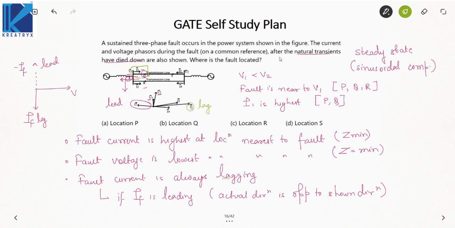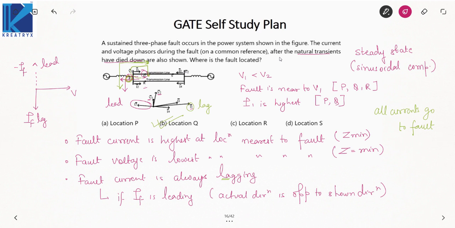Fault current is always lagging, which means I1 is going towards the right. If I1 is going towards the right, that means the answer would be Q. Because if the fault was at P, the I1 current would go into the fault. Because whenever a fault occurs, always remember, all currents go to the fault. So if you remember these basic rules, then you can identify the phasor diagram of any fault.